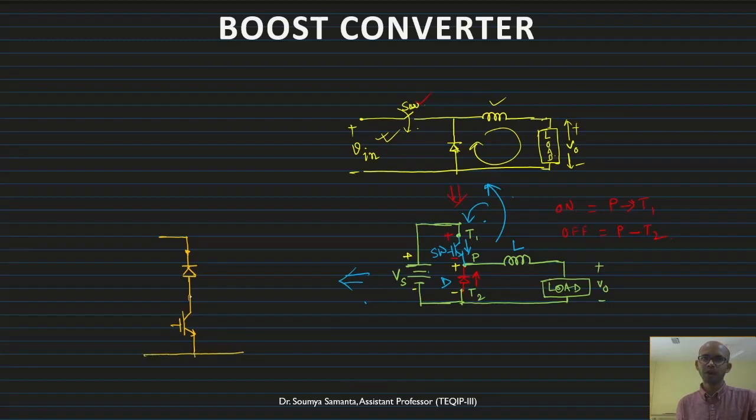The inductor will always be connected at the center point, always, for this kind of construction. Now we have changed this position. Where will we connect the source? We will connect the source here. So basically this behaves as a current source, you can say that.